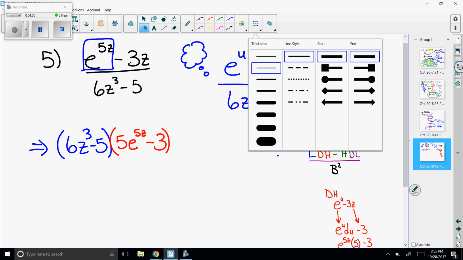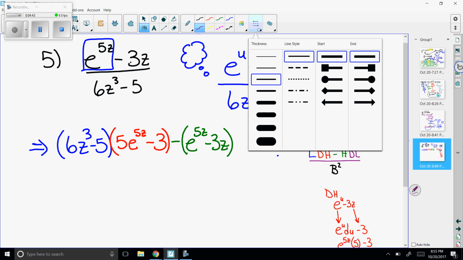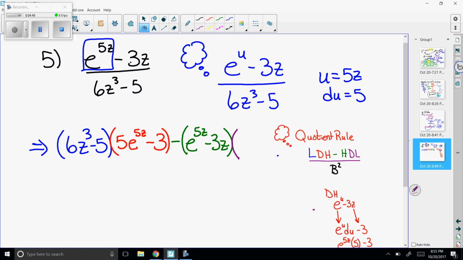Minus high. So I'm going to subtract the high, which is e to the 5z minus 3z. And then after that, we have d low, the derivative of that denominator, which is going to be a power rule.